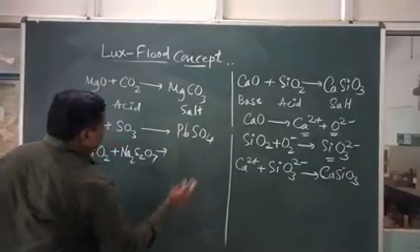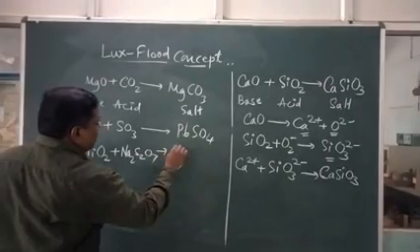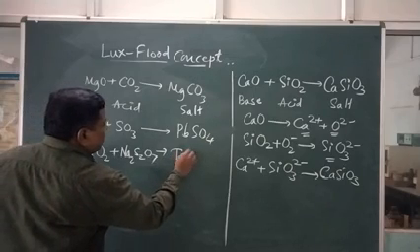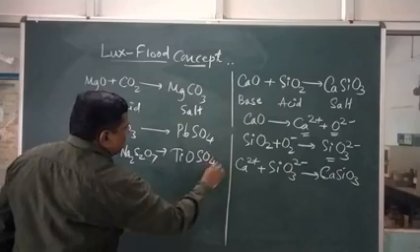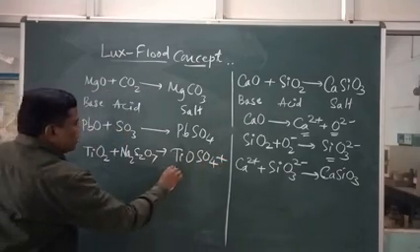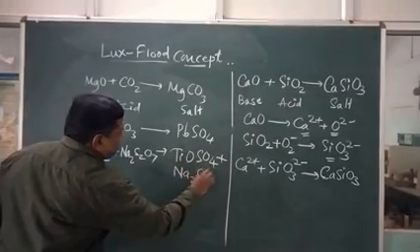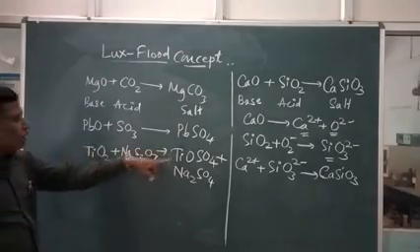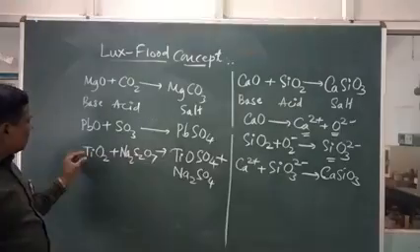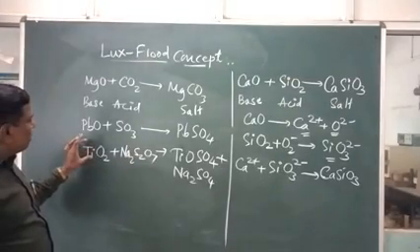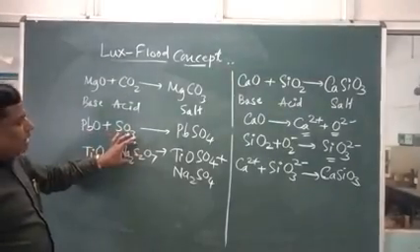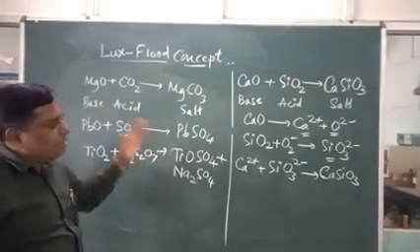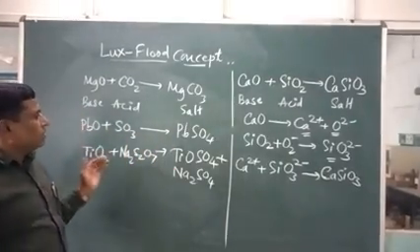This reaction forms TiOSO4 and Na2SO4. Here one oxygen remains along with the titanium instead of two, which means the titanium dioxide acts as the base and the other is the acid, forming TiOSO4.